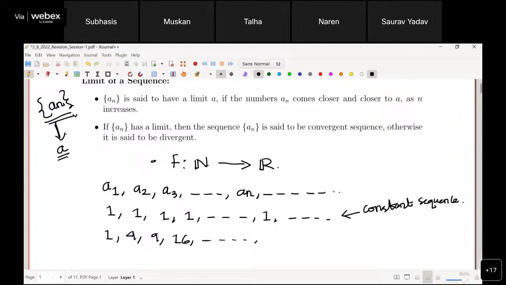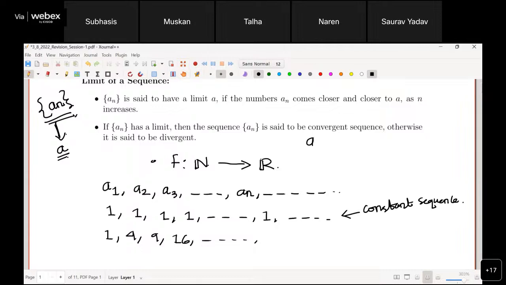We can say that the limit of the sequence an is a, if an will go closer and closer to a as you increase the value of n.